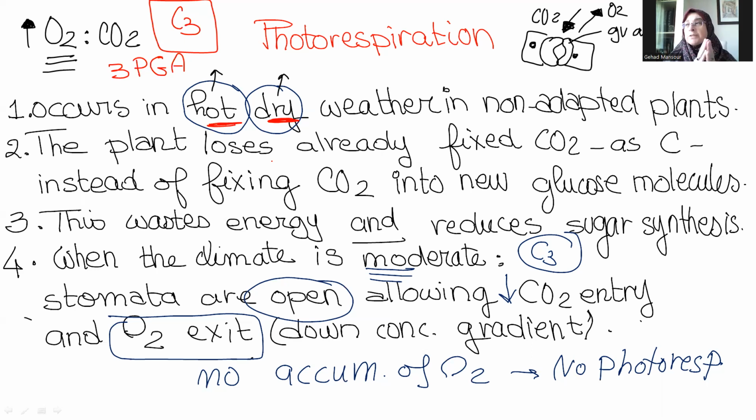This, of course, happens mainly in desert plants, but desert plants, as we will see later on, are well adapted. We're talking now about an ordinary plant that is not adapted and that for a reason or another is unexpectedly exposed to hot, dry weather. When they close, photosynthesis is still going on during daytime.